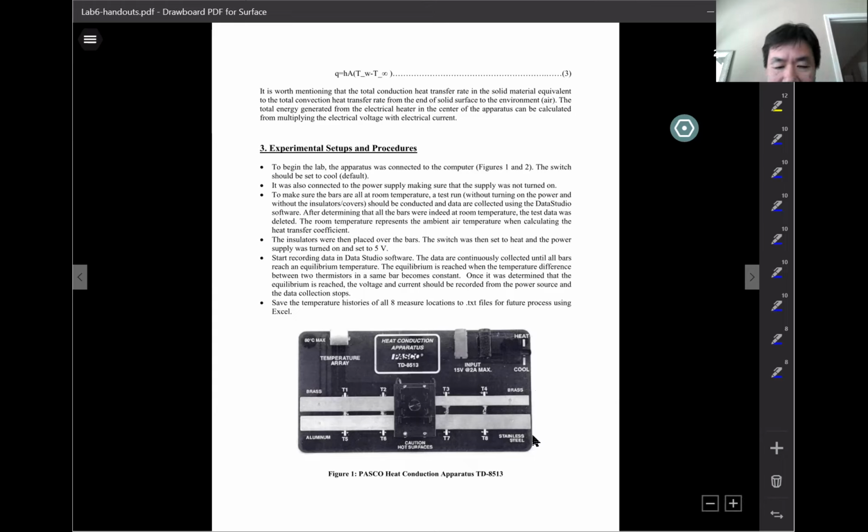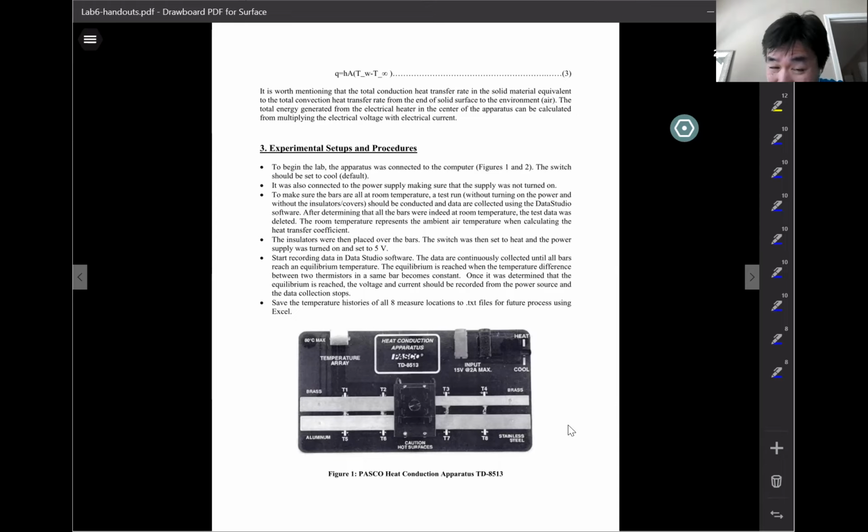The 4 ends open to the atmosphere, so there will be heat transfer going out through convection. But inside the material it will be conduction, and it's 1D because the side is covered. So in each bar, you should be able to calculate the conduction heat transfer rate Q.